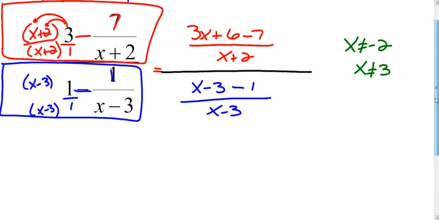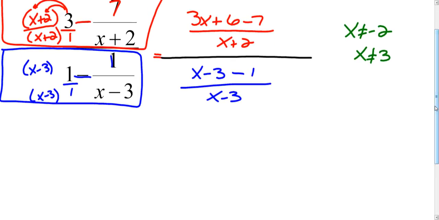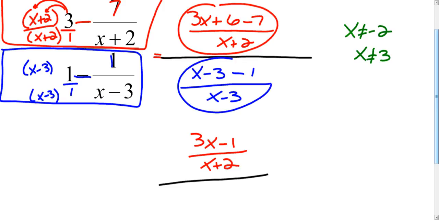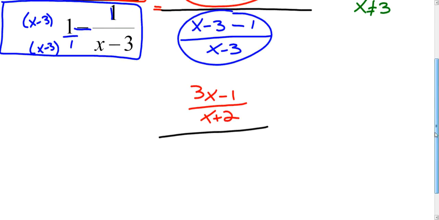Now I'm going to simplify these a little bit. So on the top, right here, I will have 3x minus 1 over x plus 2. On the bottom, I will have x minus 4 over x minus 3.